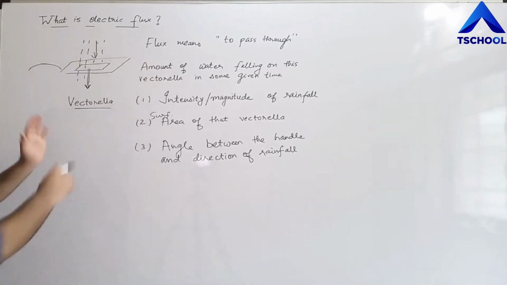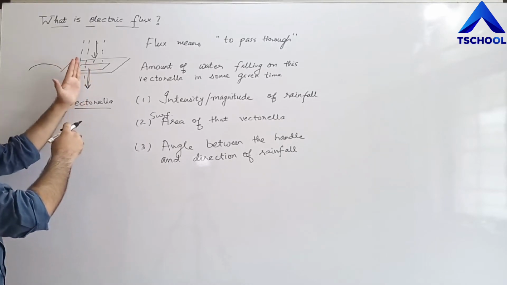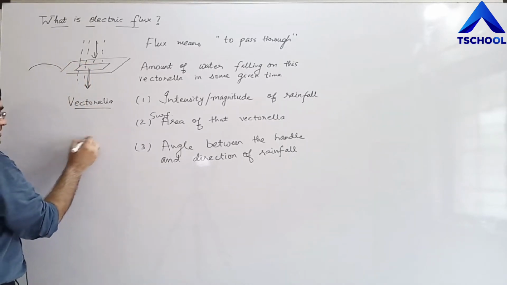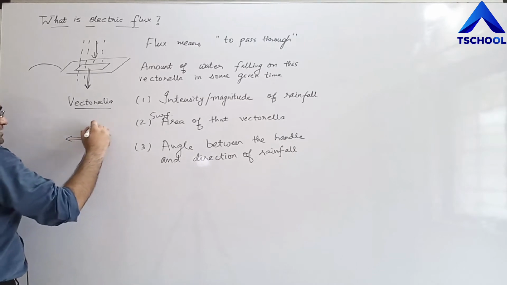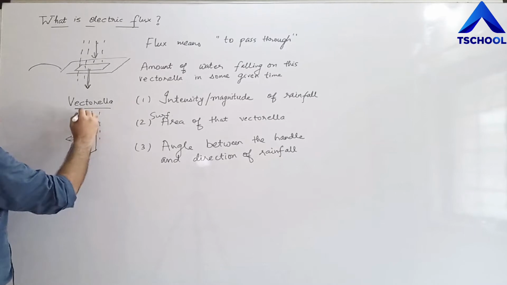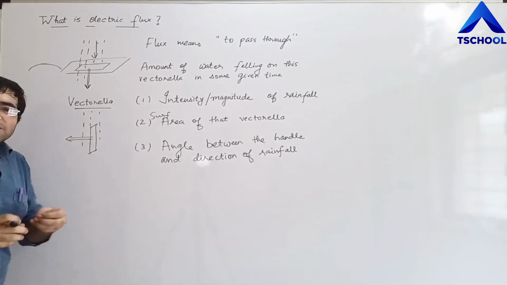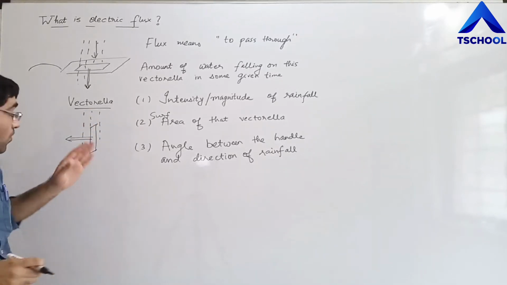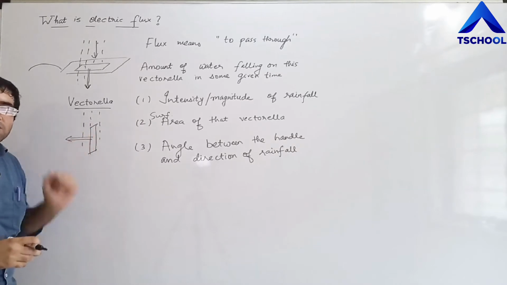But if it was tilted, as the angle increases, ultimately let's say we go to an angle of 90 degrees like this, and the raindrops are falling vertically and there is no wind, then there is hardly any water falling on this rectangular surface.